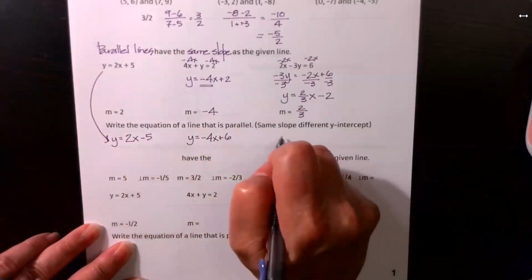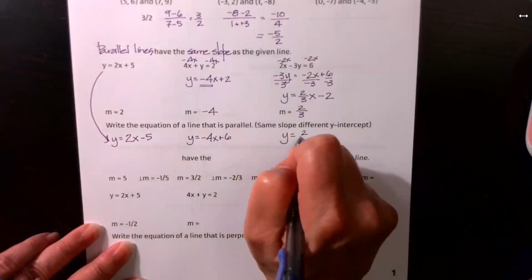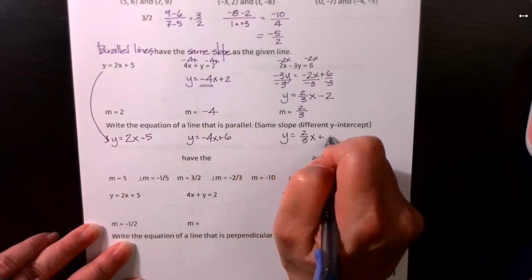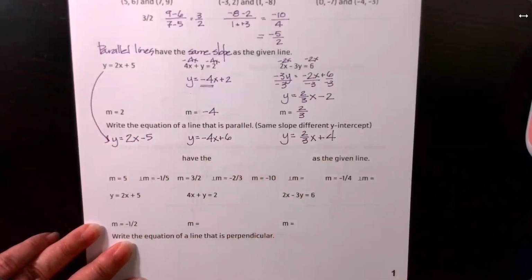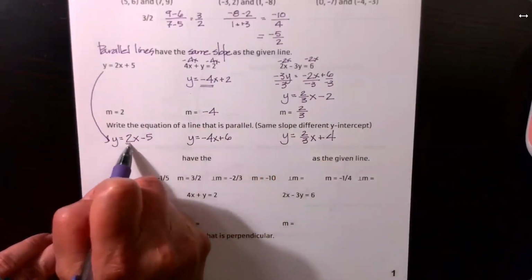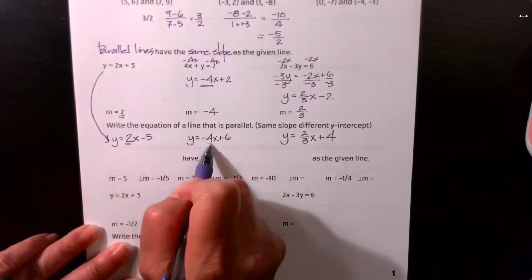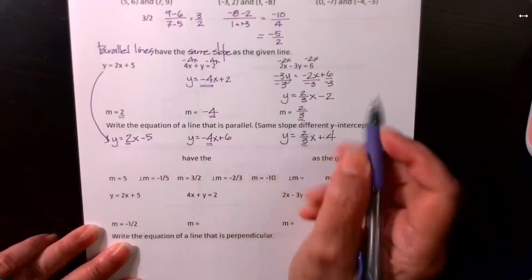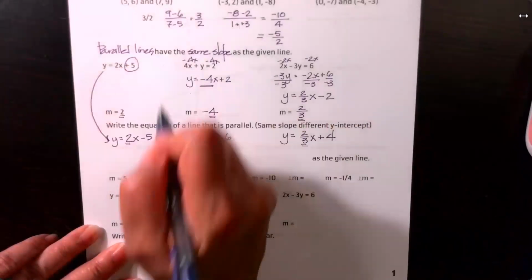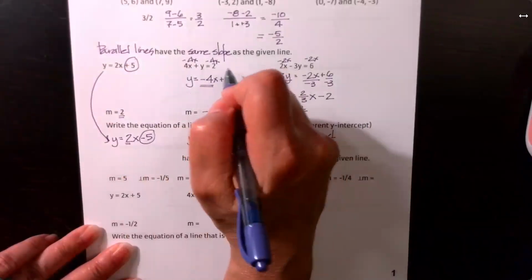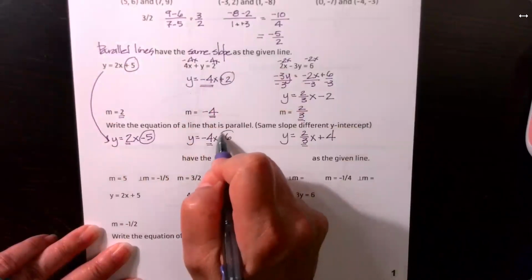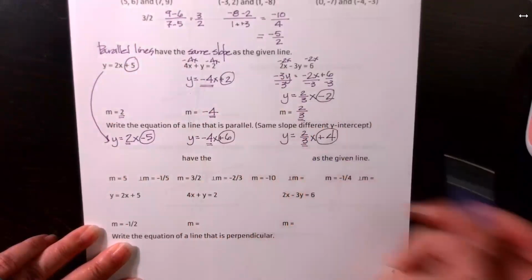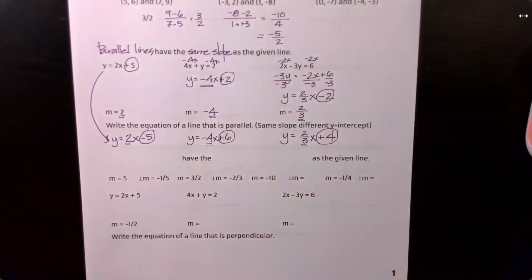And for my last one, y equals 2/3 x plus 4. Let's just make it 4. So what I want you to notice is that they have the same slopes, but their y-intercepts are different. 2, 6, minus 2, plus 4. So those are parallel lines.